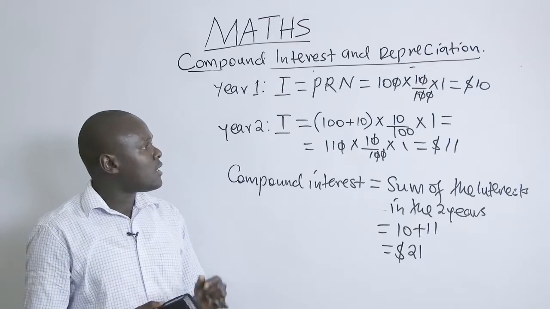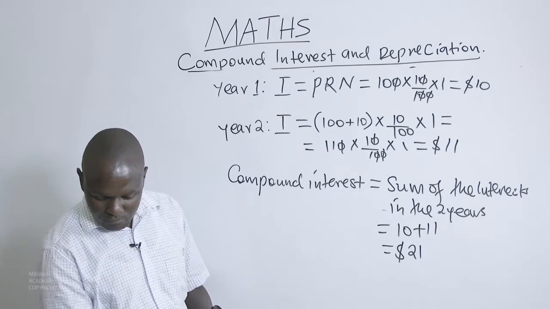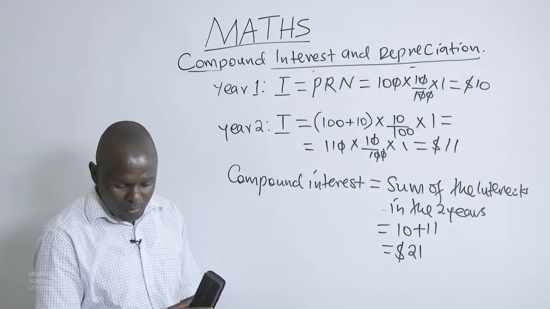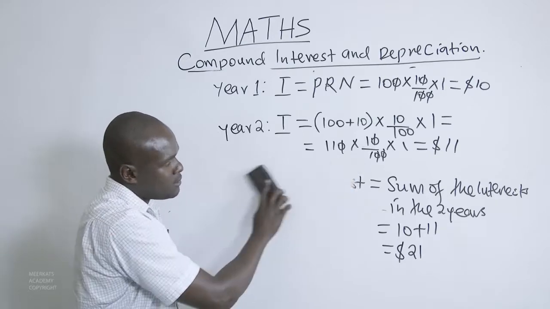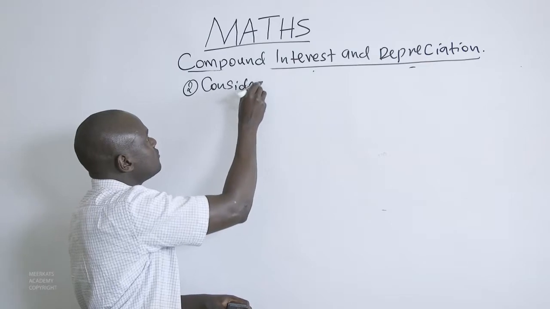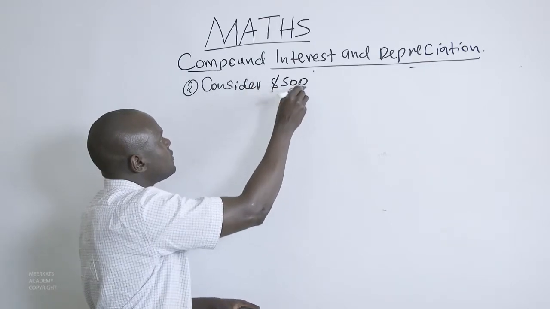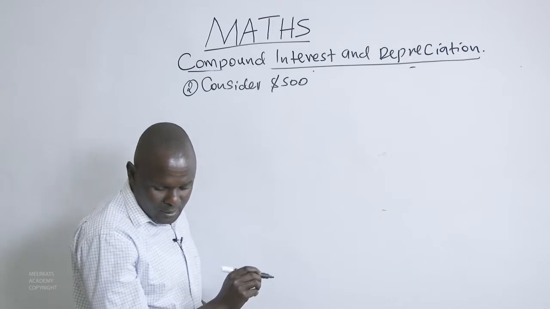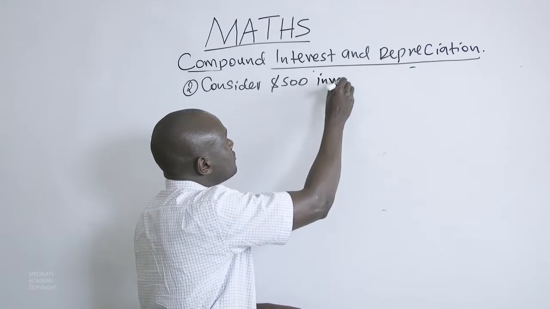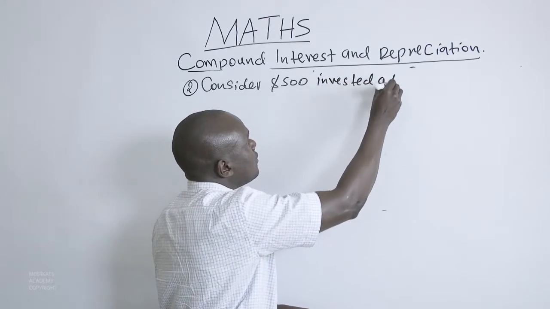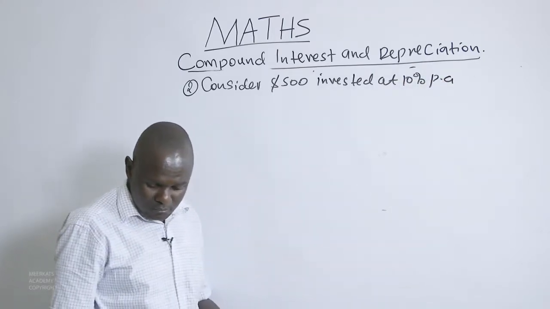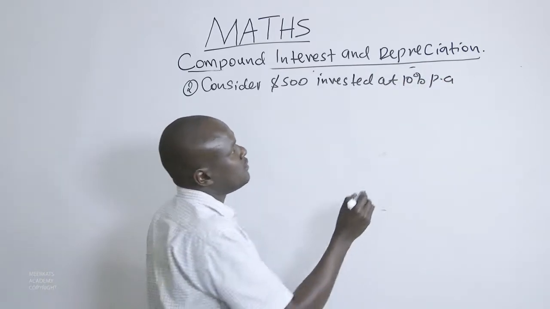Let us move on and look at a second example. Consider $500 invested at 10% per annum, compounded annually.